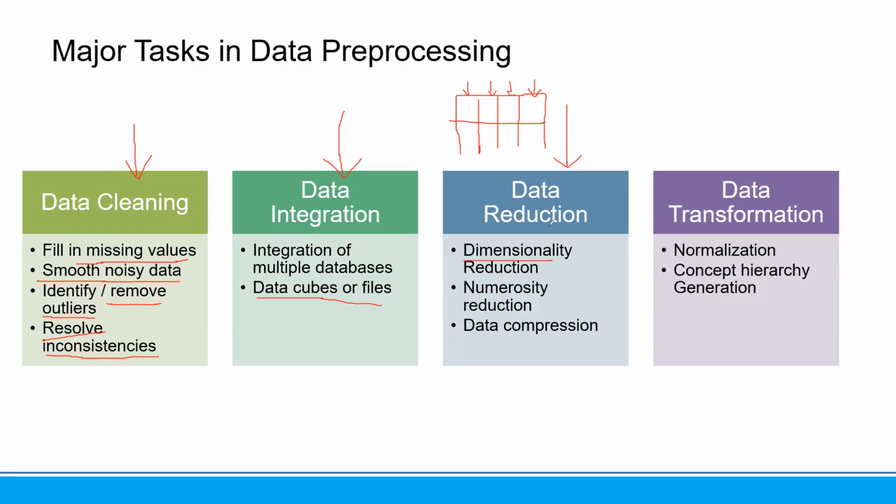So sometimes we need to reduce the data because some of the columns are not important or not reliable for the analysis, so we can remove them. Or we can do numerosity reduction. If you have a lot of rows, your computer might not be strong enough to compute, so you need to delete some data.